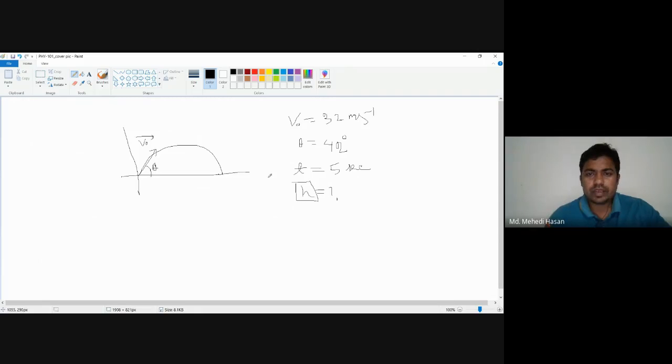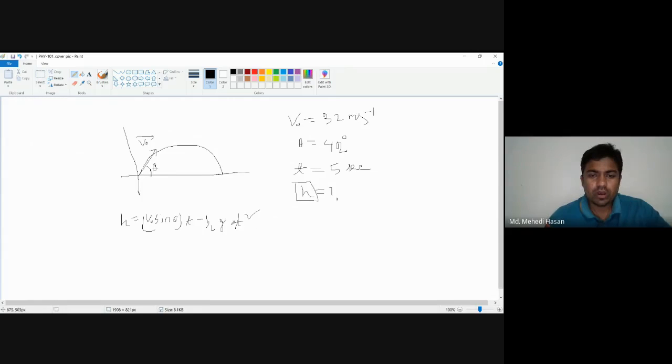So here the given information is v naught equal to 32, theta equal to 42 degree, and t equal to 5 seconds. To find the height, which is related to the vertical plane, you have to use the vertical equation. The vertical equation related to height is h equal to v naught sin theta into t minus half g t square.